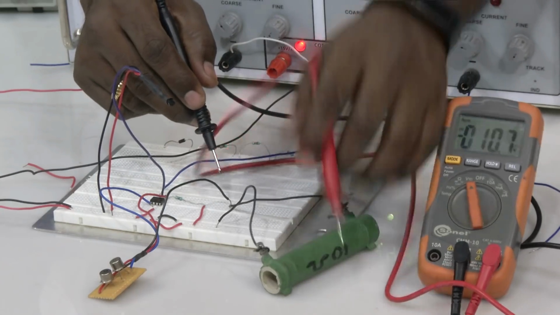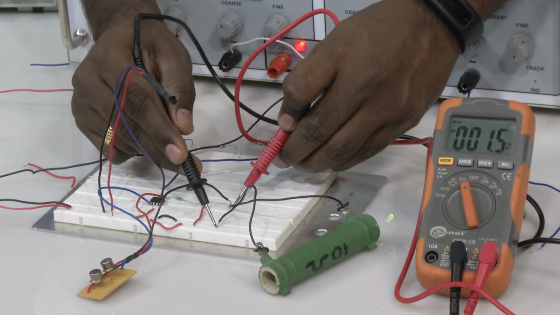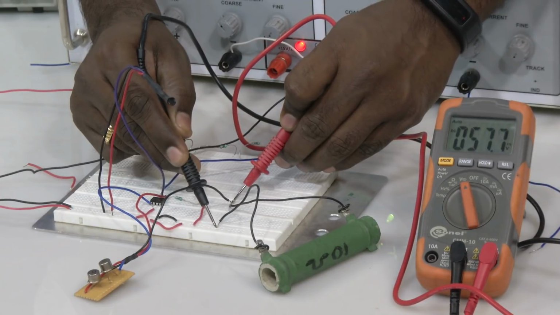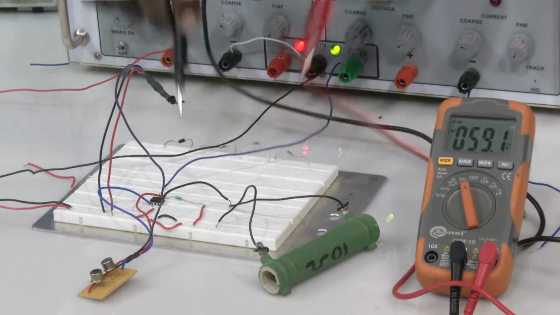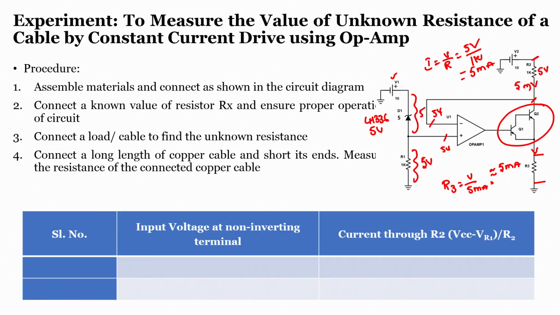So, this is our resistance. I am checking the voltage drop across the resistance here and here. How much is it showing? 57 millivolts, right. So we need to calculate the R3 resistance value.